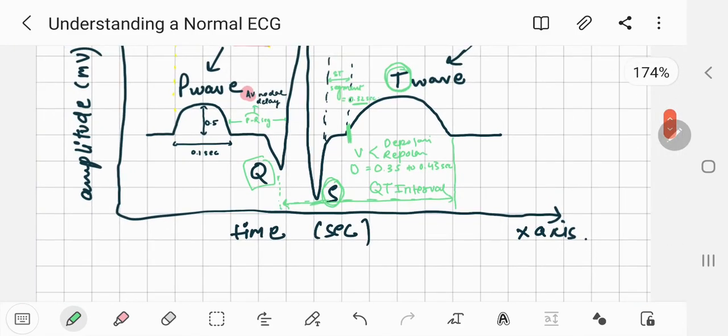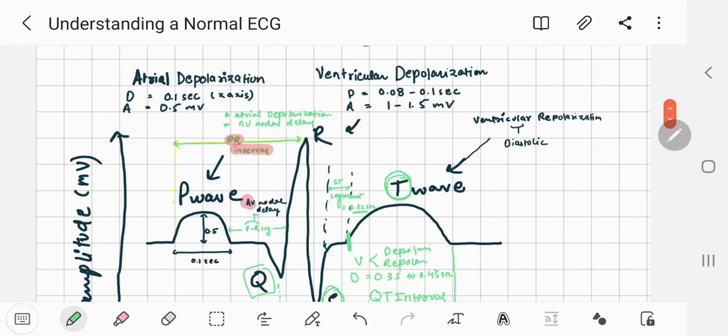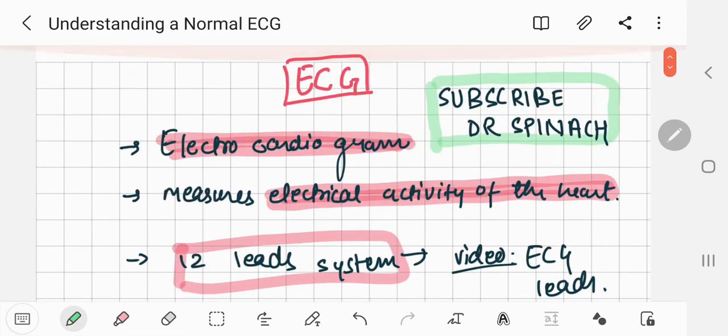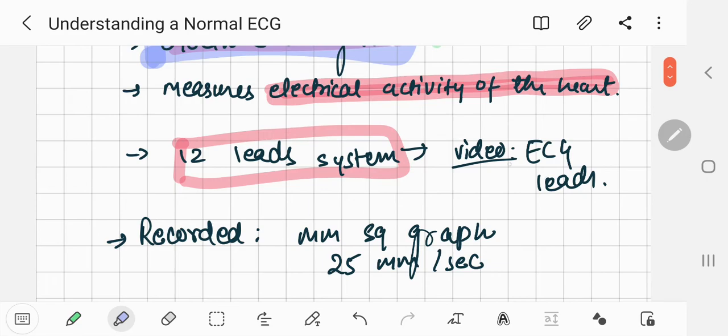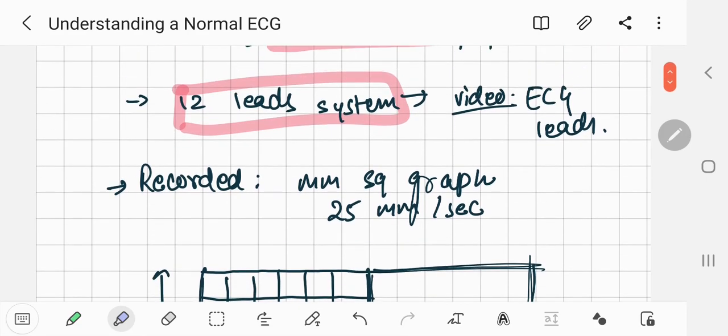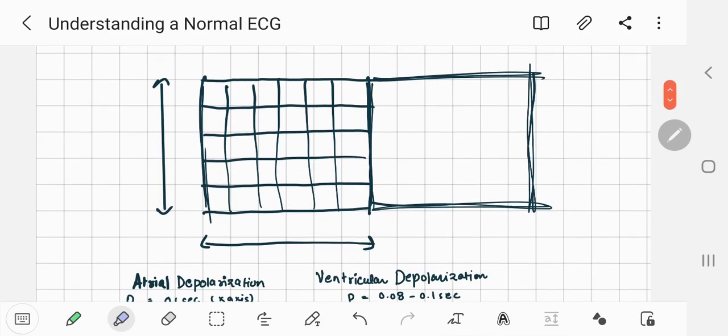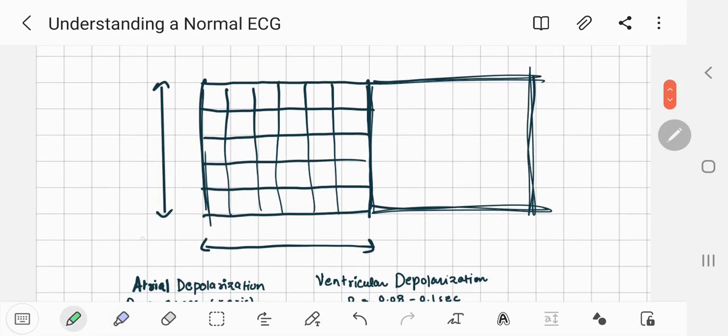I'll just help you revise everything here itself again. Now, when we talk about ECG, ECG is basically an electrocardiogram, that is the electrical activity of the heart, which is actually drawn on a graph. Now, ECG is recorded by a 12-lead system and is recorded on a millimeter square graph, which moves at a speed of 25 millimeter per second. Now, these graphs have square boxes of 1 millimeter.